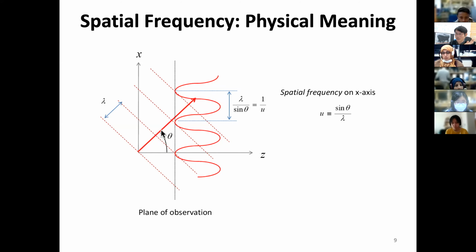From this trigonometry, you can find the projection of this lambda onto the x-axis: this is lambda, and this is sine, so the projected period is lambda over sine theta. So the spatial frequency along the x-axis, u, or 1 over that period, is defined as sine theta over lambda. This is how we observe things.